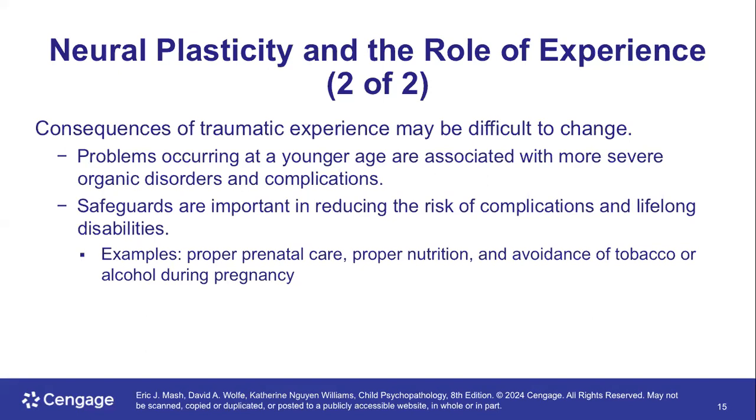But as I said, in general, all things considered, your brain is most plastic from about birth to 6, then from 6 to 11, and then 11 plus in that order. We also want to make sure that we protect the developing brain. So we want to avoid exposure to teratogens or these harmful agents that could impact the development of the child, things like substances of abuse and so forth.